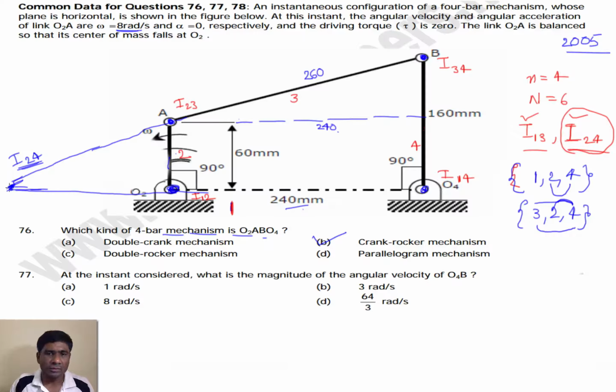That can be understood in another way also: the absolute velocity of link 2 at I24 should be equal to the absolute velocity of link 4 at I24. The velocity of link 2 at I24 is not 0, but its relative velocity with respect to link 4 is 0. That means link 2 has a definite velocity at I24, and it is rotating about point O2.